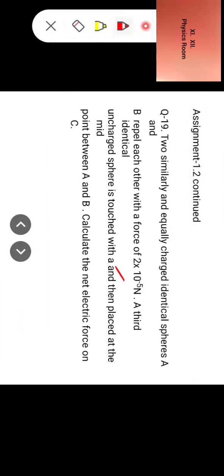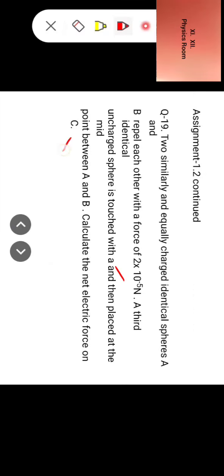Now, assignment 1.2 continued. Question number 19. Two similar and equally charged identical spheres A and B repel each other with a force of 2 into 10 raised to power 5 Newton. A third identical uncharged sphere C is touched with A and then placed at the midpoint between A and B. Here A is capital, so you can correct it.